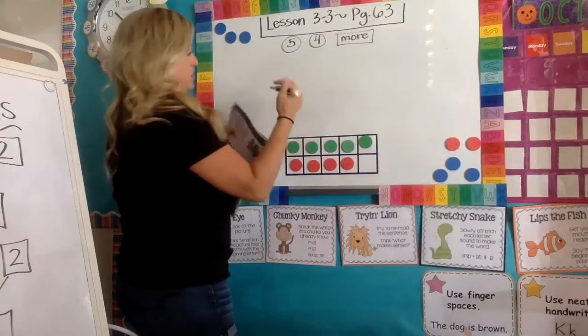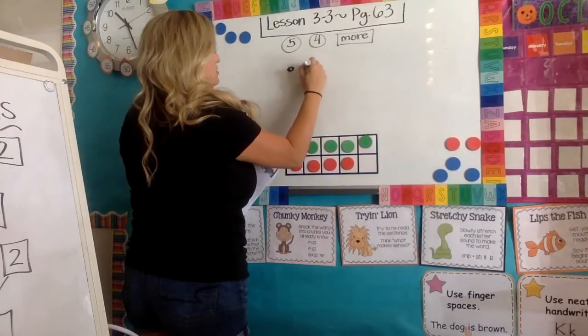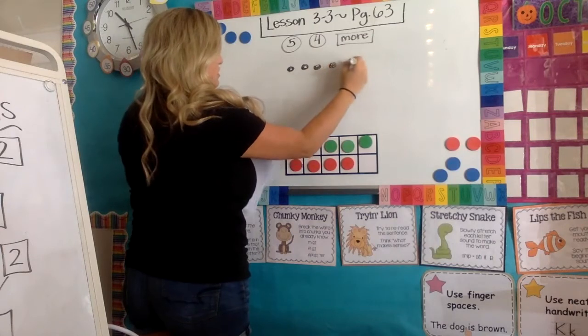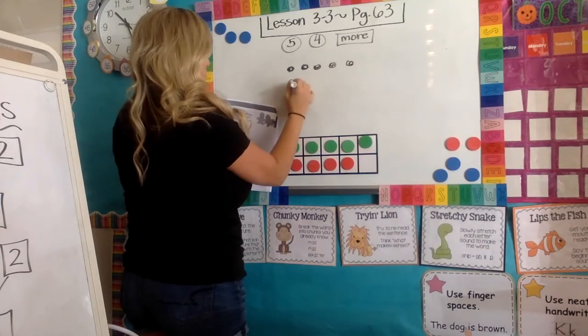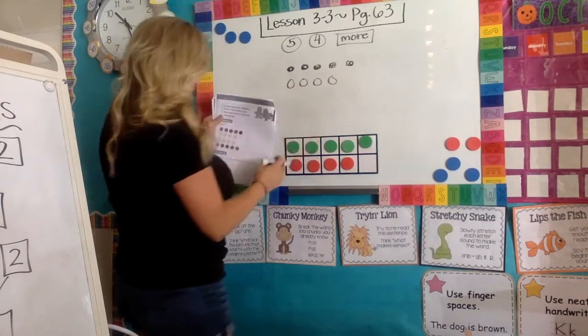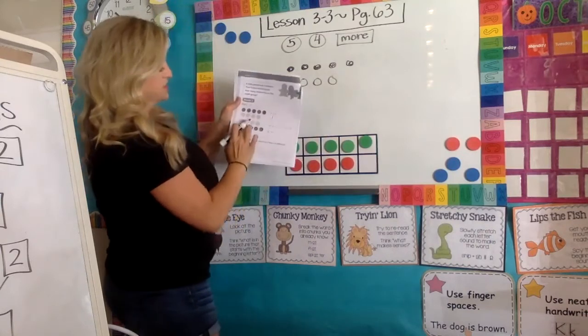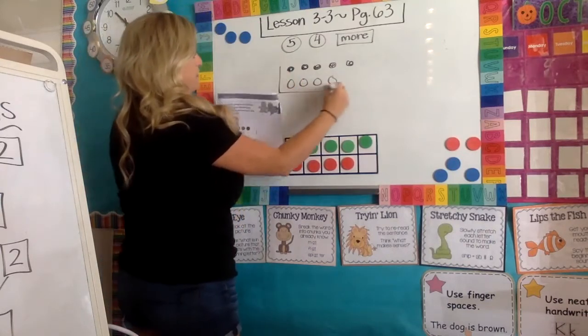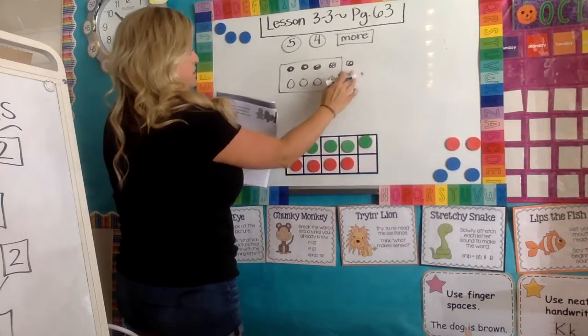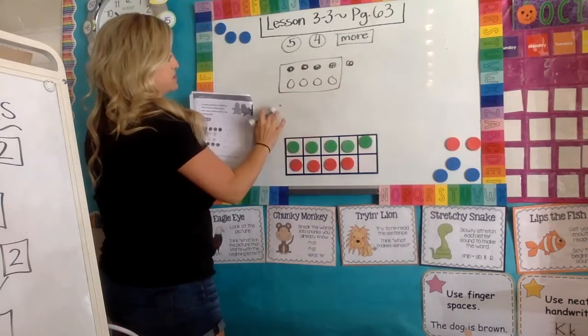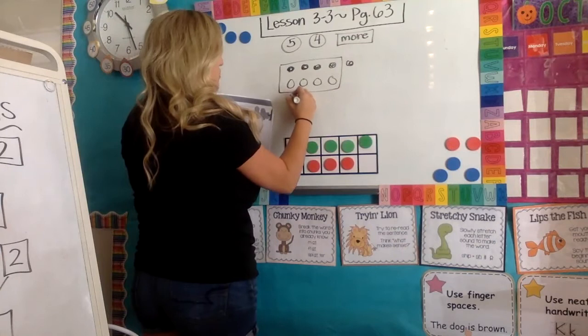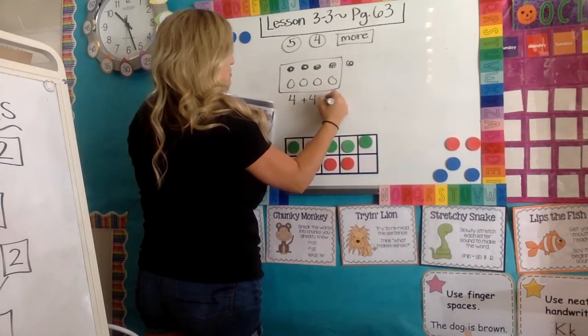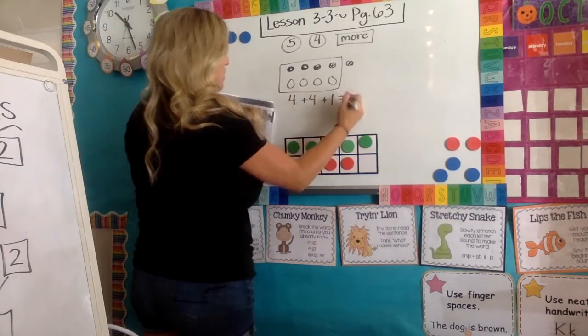So they have their 1, 2, 3, 4, 5, and then they have 1, 2, 3, 4. And all they're doing is they flipped it. So we'll put a box around these guys, and this makes your double stacked. So now we know it is 4 plus 4 plus this 1.